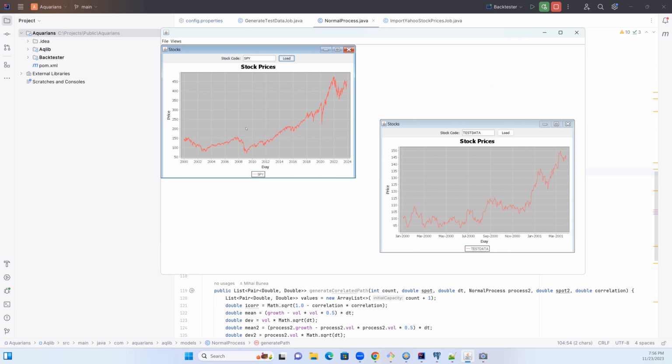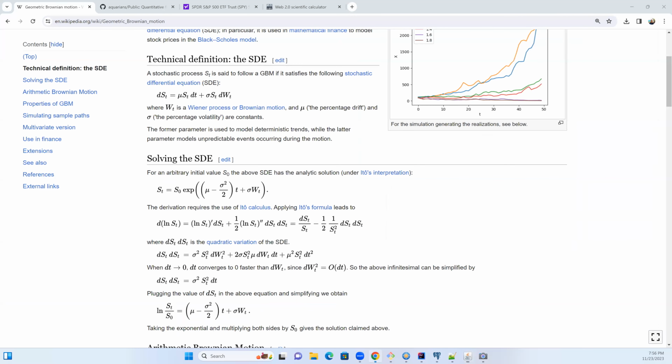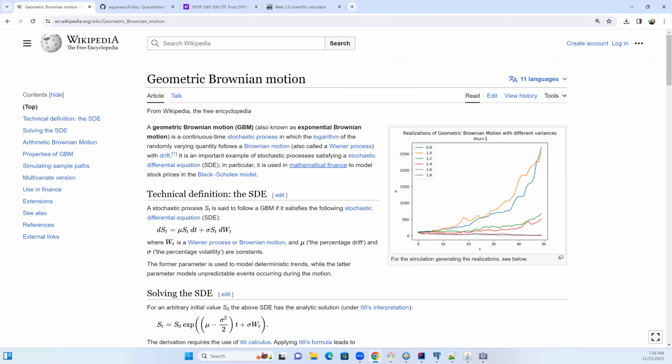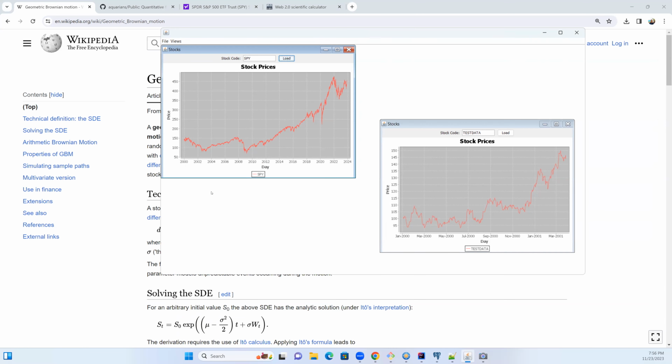So next time we are going to discuss where this thing came from. So the whole idea behind this Brownian motion, its history, how it came into being, and what was first, the chicken or the egg? What was first, the theoretical Brownian motion, and then we just apply it to stocks, or stocks were first?